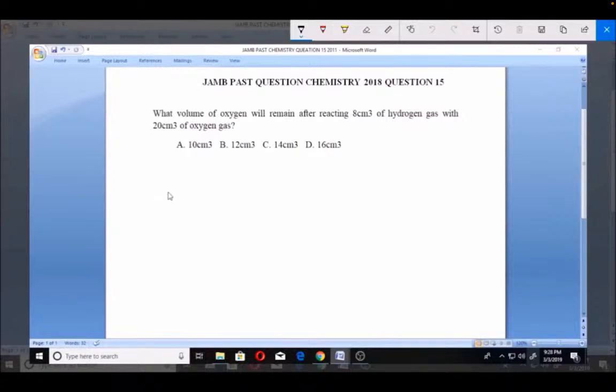This is a very simple one to solve because first of all, we need to write the equation of this reaction of oxygen and hydrogen. If you have hydrogen, which is H2 gas, reacting with oxygen, which is O2 gas, you are going to have H2O, which is water.